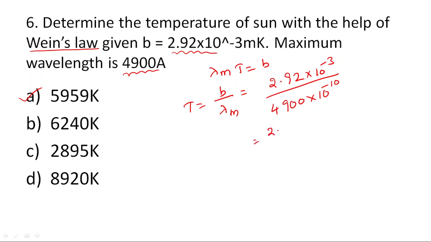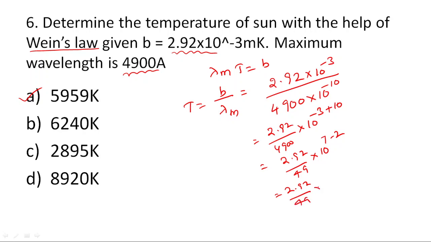So that is equal to 2.92 by 4900 into 10 power of minus 3 plus 10, so 2.92 by 49 into 10 power of 7 minus 2, because the two zeros cancel. So 2.92 by 49 into 10 to the power of 5. For simple calculation, it can also be written as 292 by 49 into 10 cube.